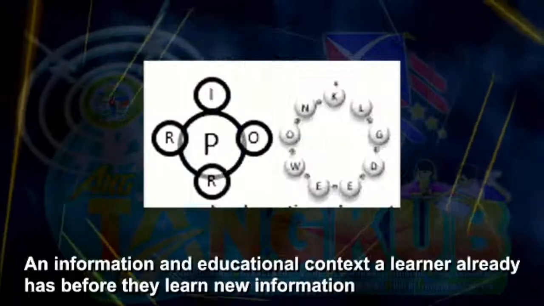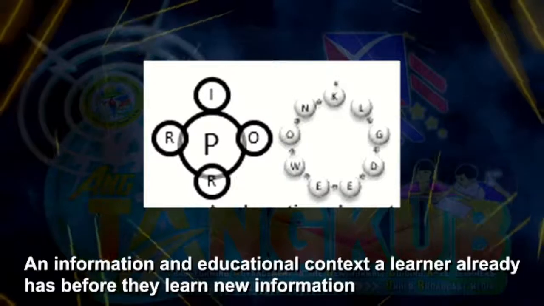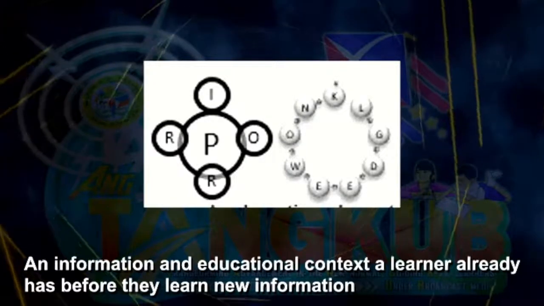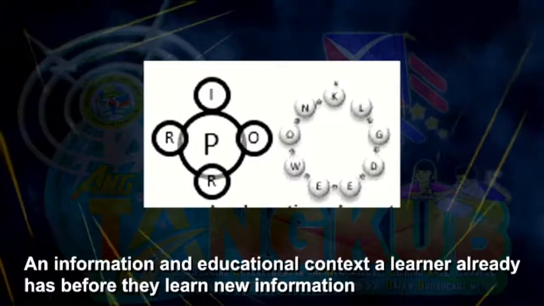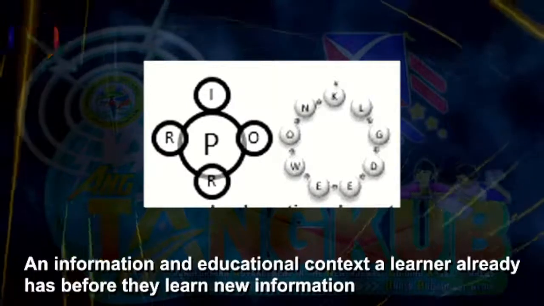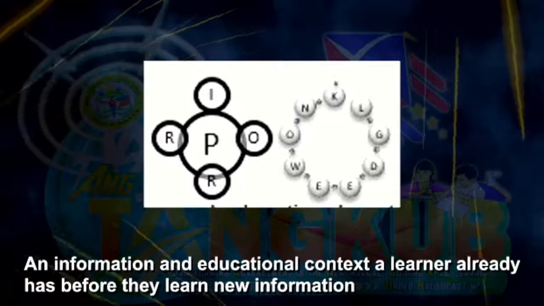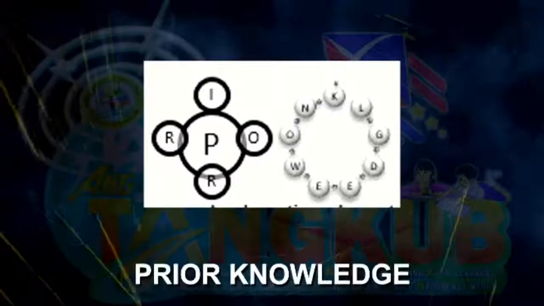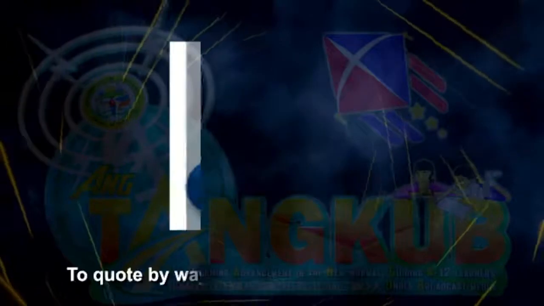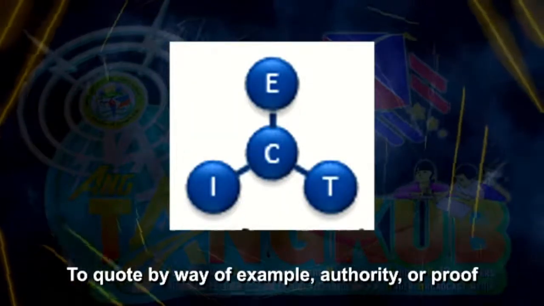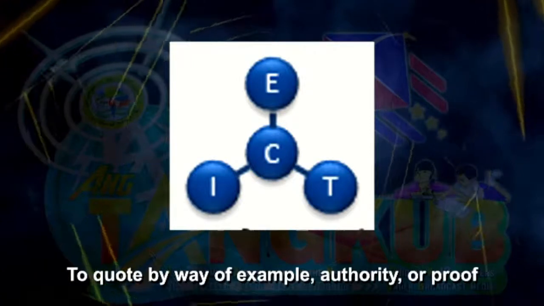The 5th item is an information and educational context a learner already has before they learn new information. The correct answer is prior knowledge. For the last item, to quote by way of example, authority, or proof.